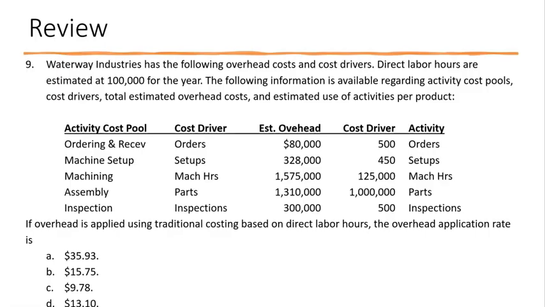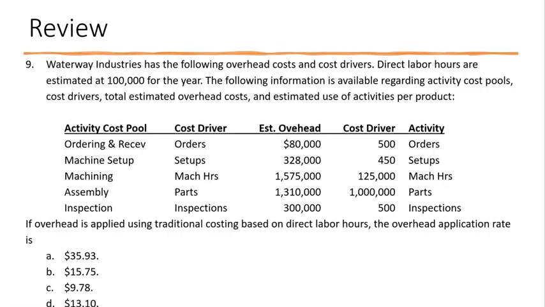Each of those has a unique cost driver: orders for ordering and receiving, setups for machine setup, machine hours for machining, parts for assembly, and inspections for the inspection cost pool. We have our estimated overhead for each of these cost pools. Then we have the cost driver, so it's a number of whatever that cost driver is.